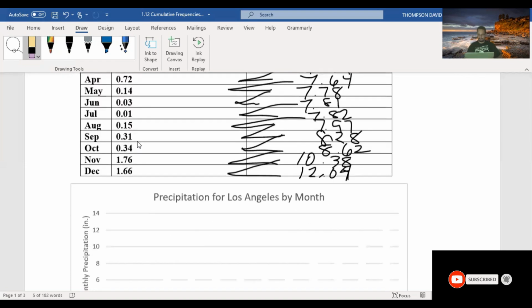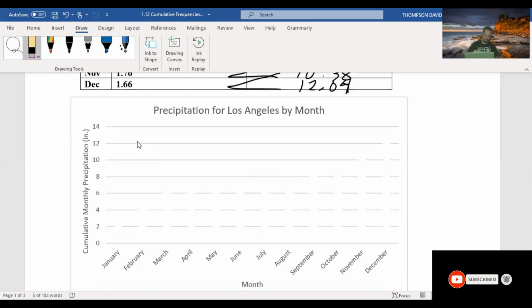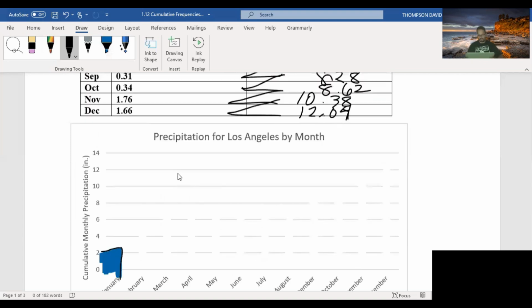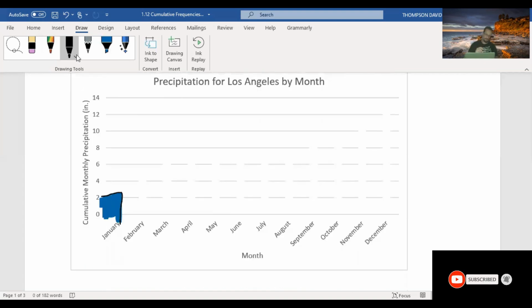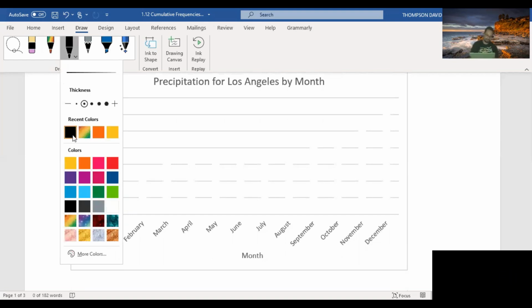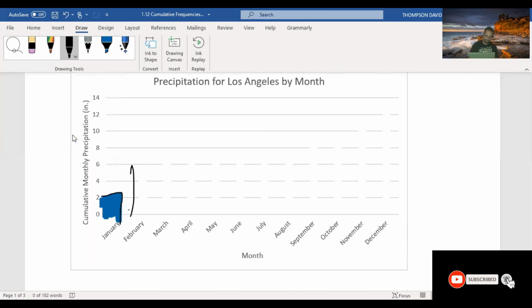First we're going to go up to 2.4 for January. So 2.4 is roughly about here, and we're going to highlight it and fill it in. Then for February, we go to 4.91. Remember, in a bar graph, they don't touch. The 4.91 is roughly about here.